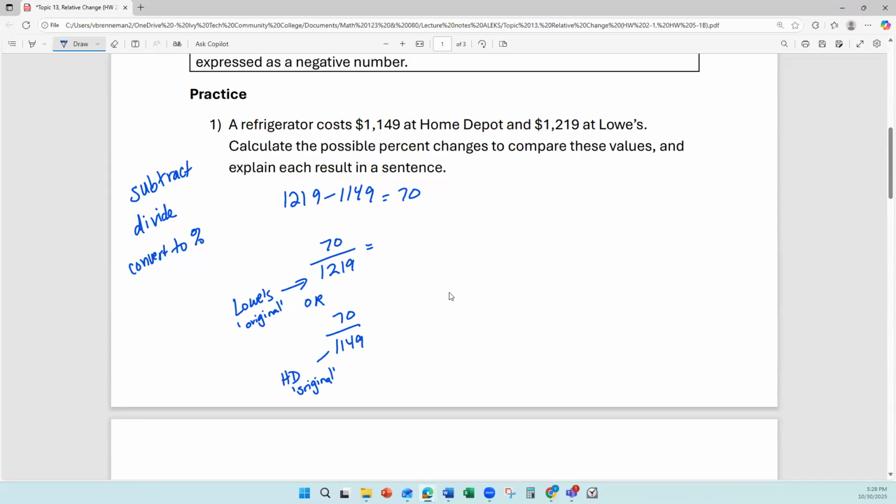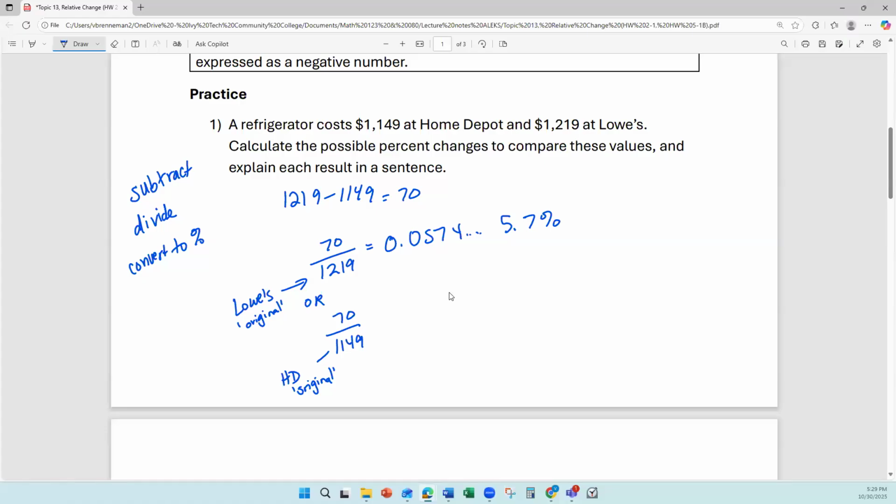So 70 divided by 1219 comes out to 0.0574, etc. I have to convert that to percent form, and rounding, it doesn't say, so let's go 5.7%.